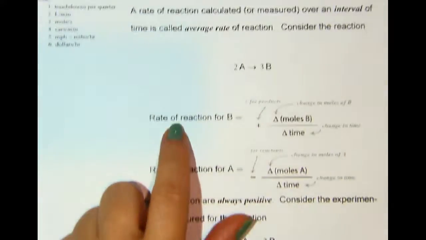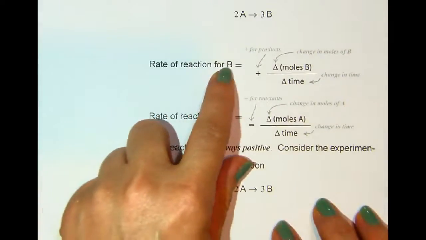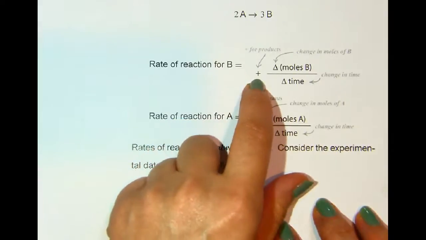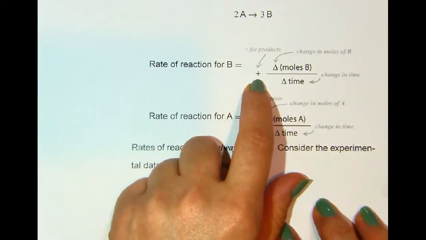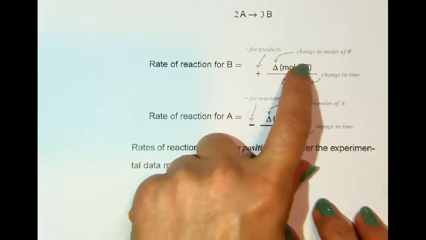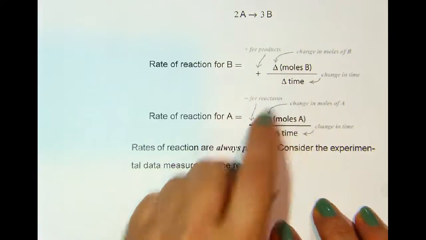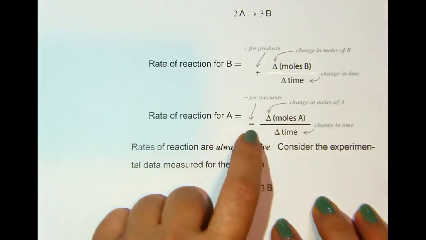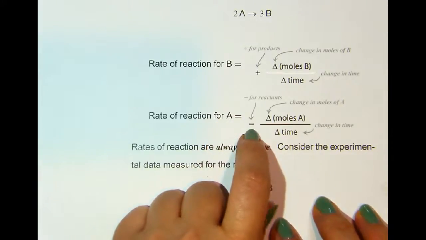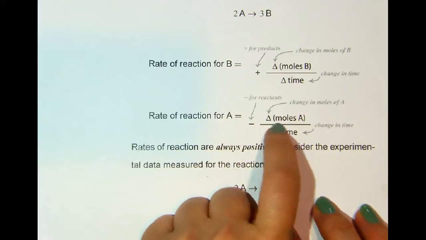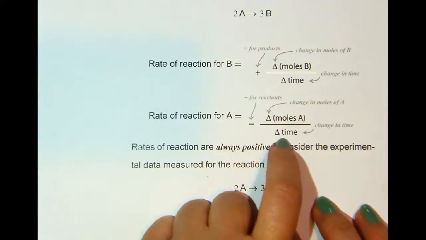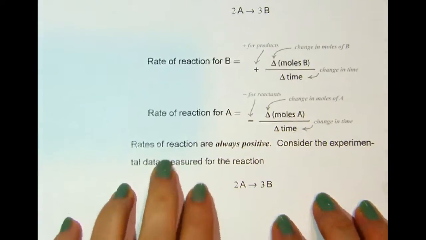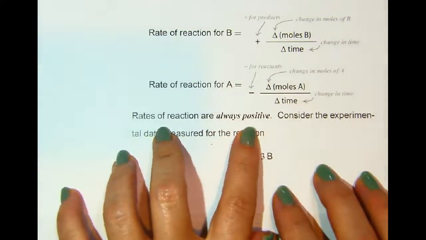The rate of reaction for B is positive, meaning it's appearing, and it's based on the change in the moles of B over time, whereas for A, the negative just represents that it's disappearing, and its rate is based on the change in the moles of A over a change in time. Rates of reactions are always positive.